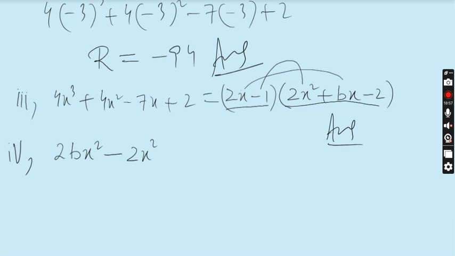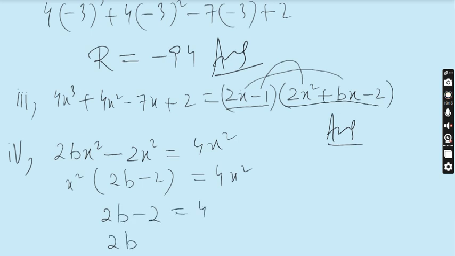Okay, so if you compare, on the left hand side there is an x squared term, that is 4x squared. Taking x squared common, 2b minus 2 is equal to 4. Compare the coefficient of x squared on both sides, you will get 2b minus 2 is equal to 4, 2b is equal to 6, and b is equal to 3.